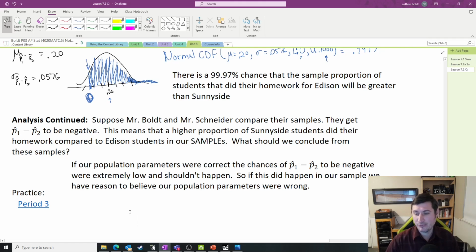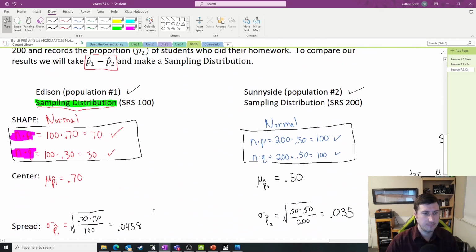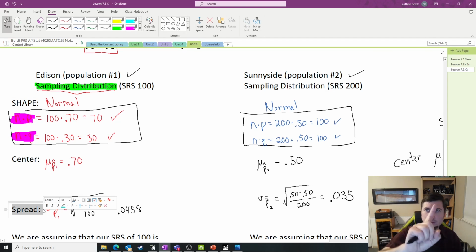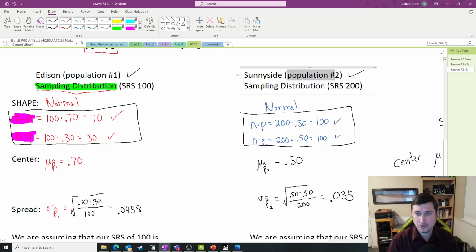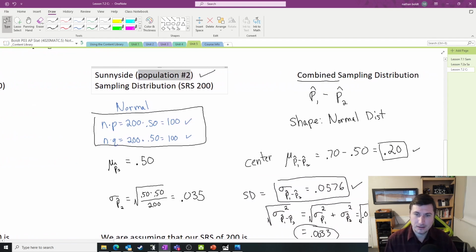All right, recap before I send you off to practice this, all right? Because I'm pretty much done here. You've got to be able to check the shape, center, and spread of population 1. Then you've got to be able to check the shape, the center, and the spread of population 2. Once you do that, you can then think about combining those two populations.